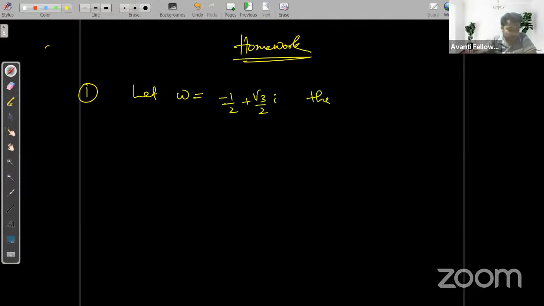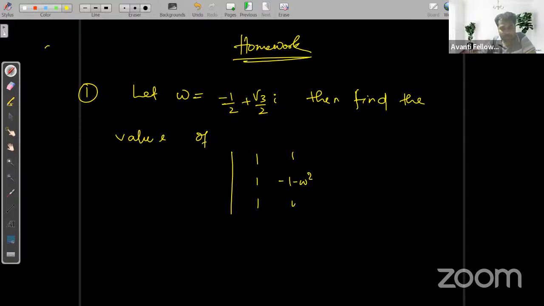Then find the value of this determinant: first row 1, 1, 1; second row 1, minus 1 minus omega square, 1; third row omega square, omega to the power 4.